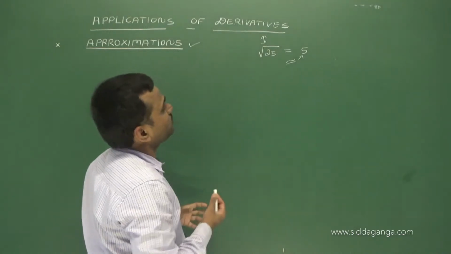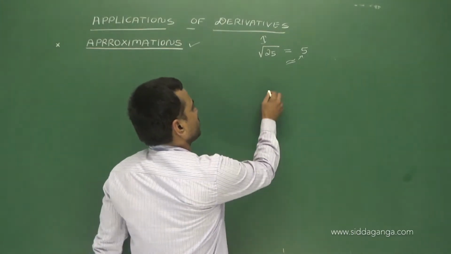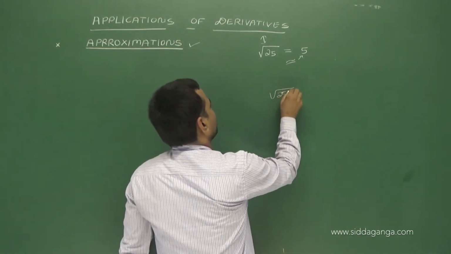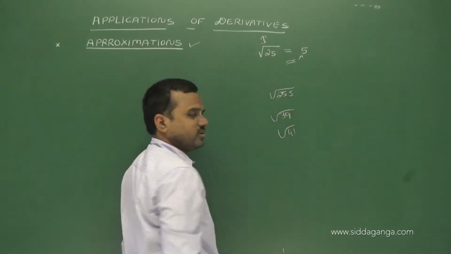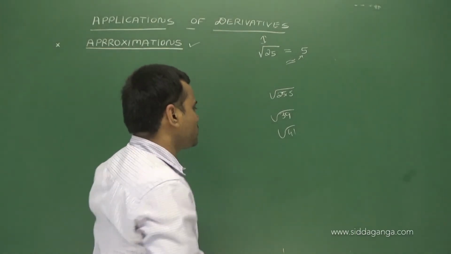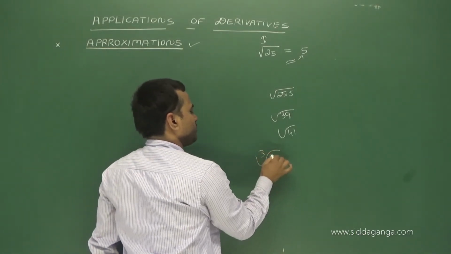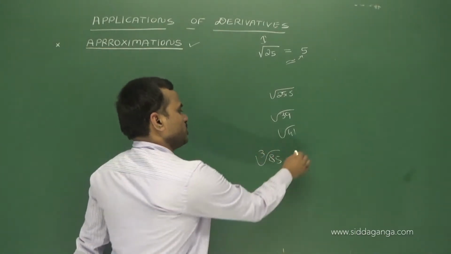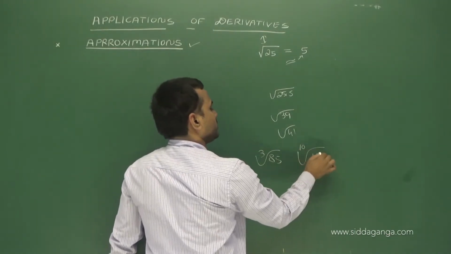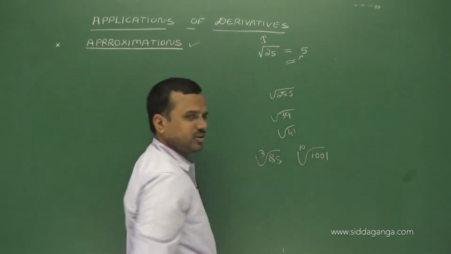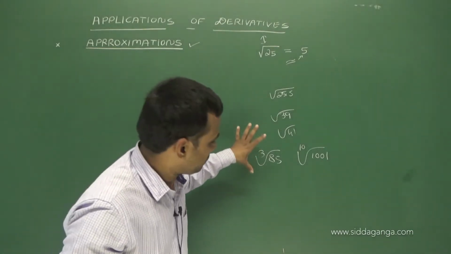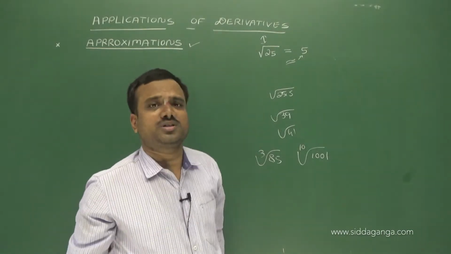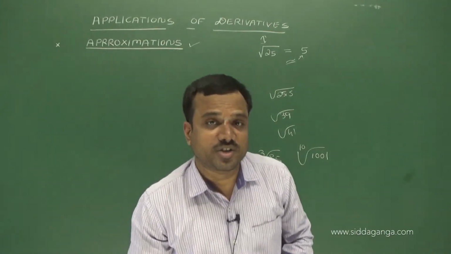We will see how to find the square root of 25, square root of 25.5, square root of 39, square root of 41. Not only square roots, but cube root of 85, 10th root of 1001, like this. All these quantities are found by using the concept of derivatives.